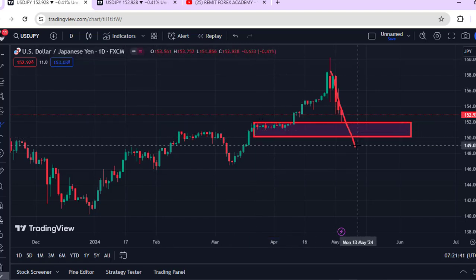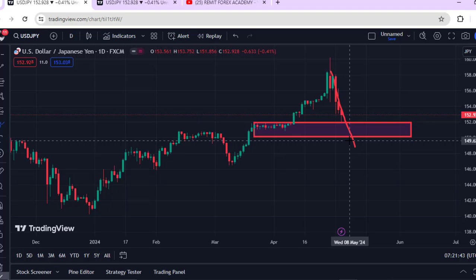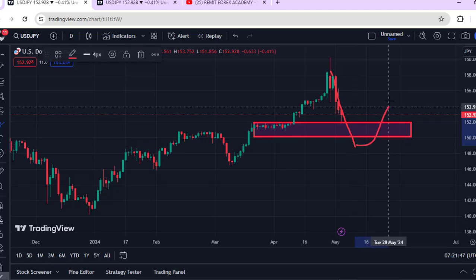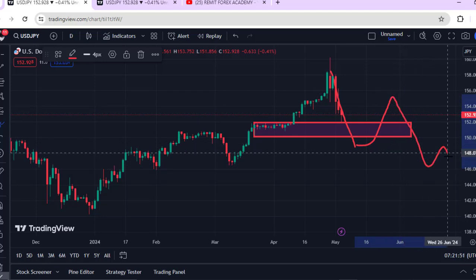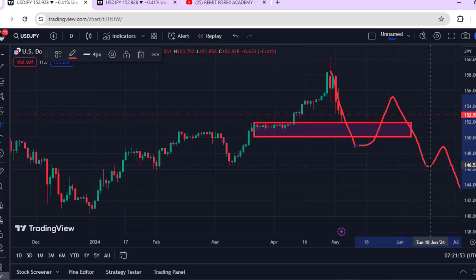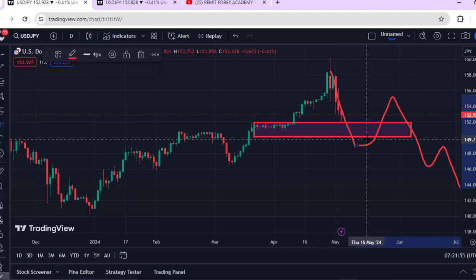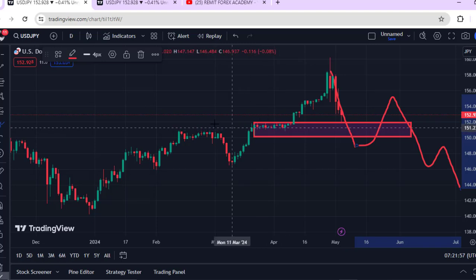Once we see this, it means the market is going to have a market structure shift. Once we see the market begin to go upward and fail to create a new high, and then come back down again, we are going to see a progressive downward movement on the 1-day chart USD JPY.